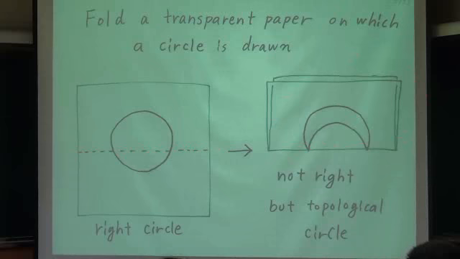Then we see, since these papers are transparent, we see this part and this part simultaneously. Then this image of this right circle is no longer a right circle, but still topologically a circle.